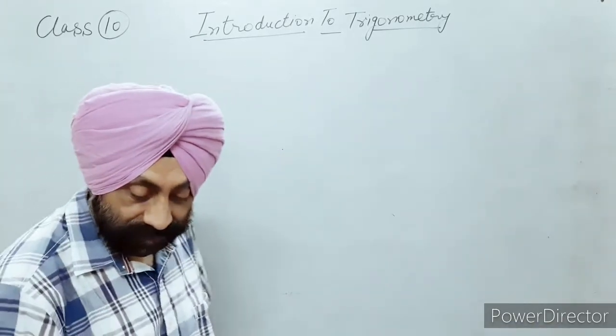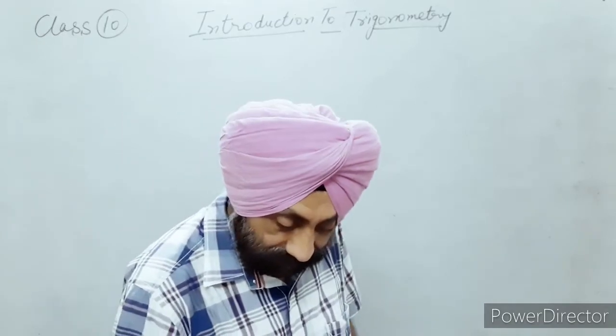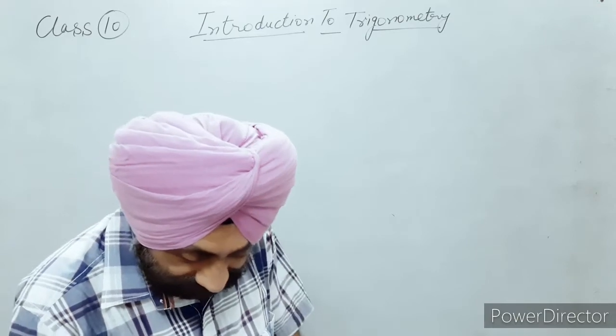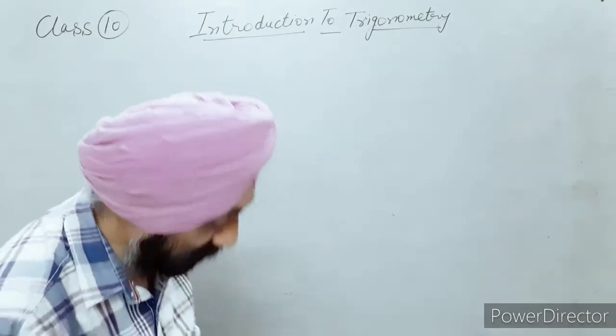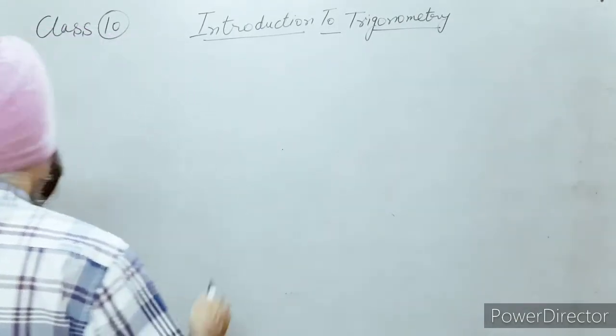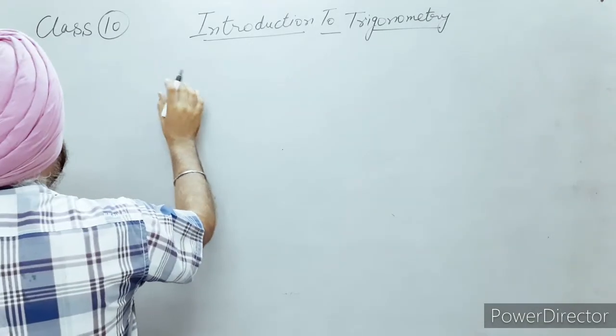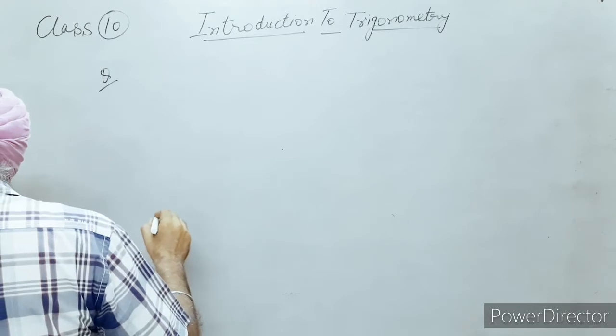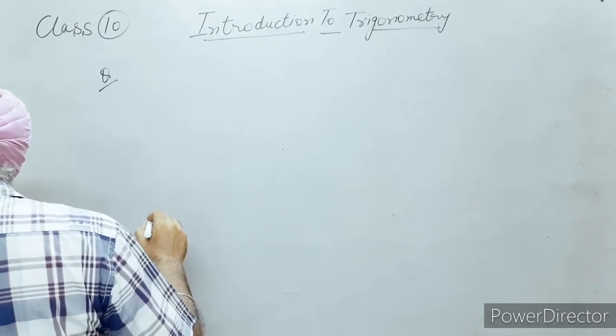Now to start off, a very basic question. It is prove that. These questions will be based on trigonometric identities only. Now prove the following using the trigonometric identities.